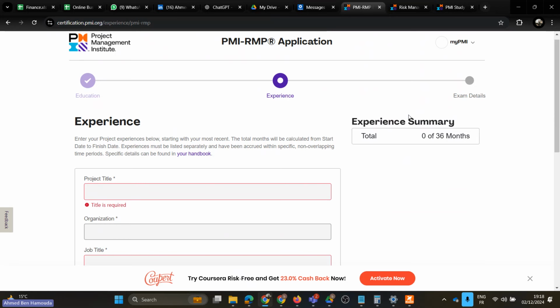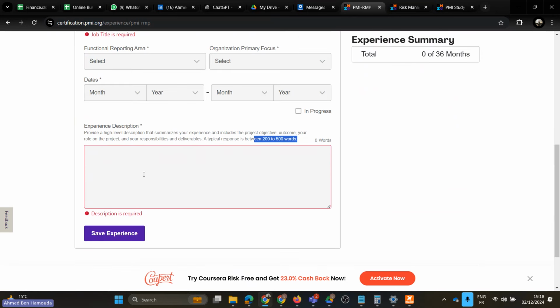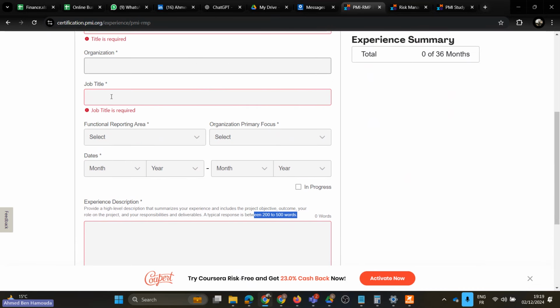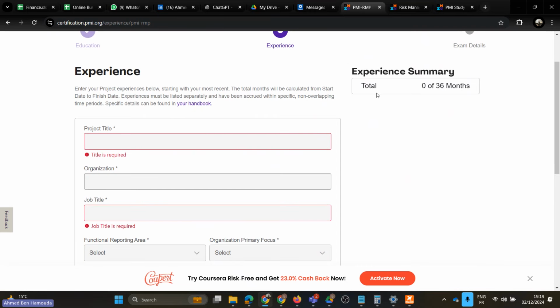Your experience here should start with a description of the project objective in one or two lines, and then describe what you did in regards to risk management in the different projects you worked on, mainly as a project manager, project risk coordinator or risk manager, etc.